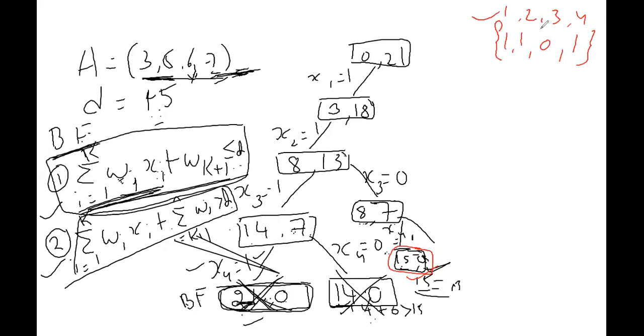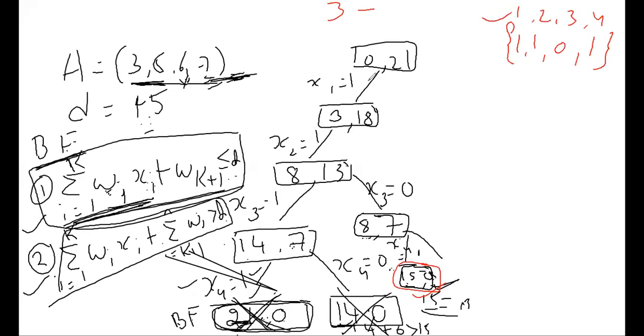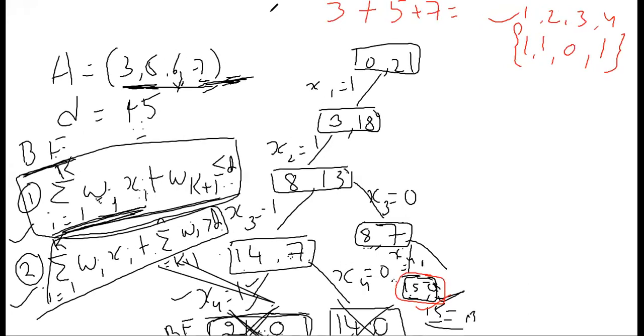Select 1, 2 and 4. So 1 is what? 3. 2 is what? 5. And 4 is what? 7. Addition of this is 15.